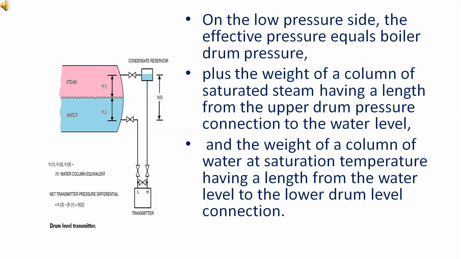On the low pressure side, the effective pressure equals boiler drum pressure plus the weight of a column of saturated steam having a length from the upper drum pressure connection to the water level, and the weight of a column of water at saturation temperature having a length from the water level to the lower drum level connection.